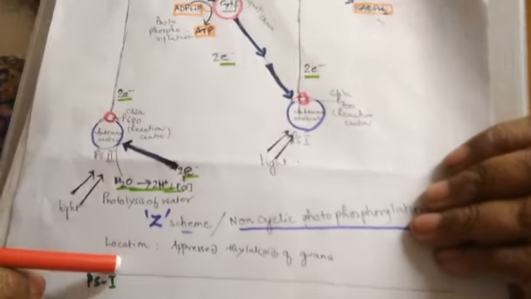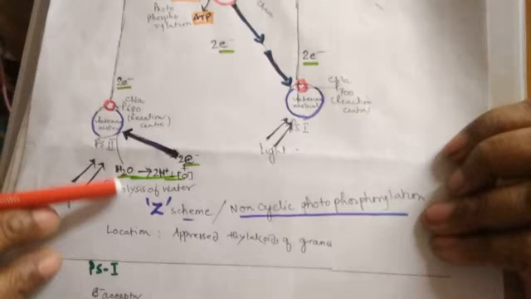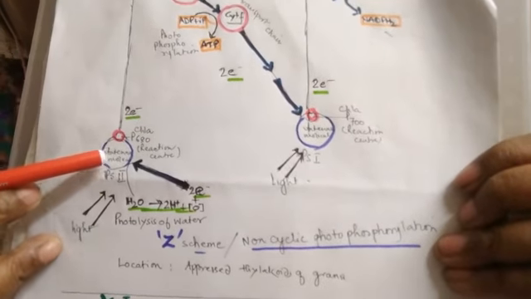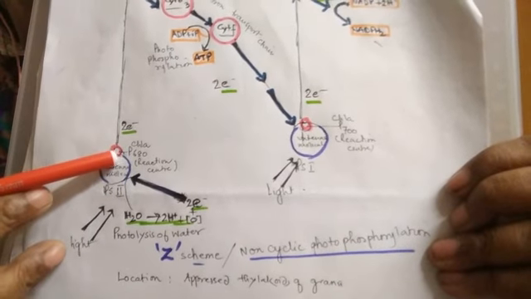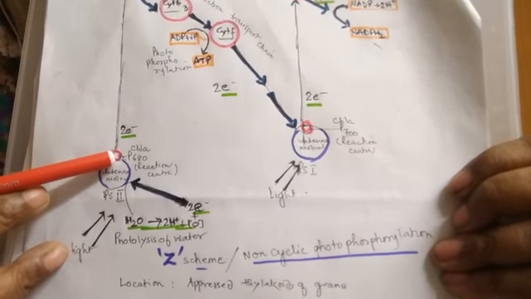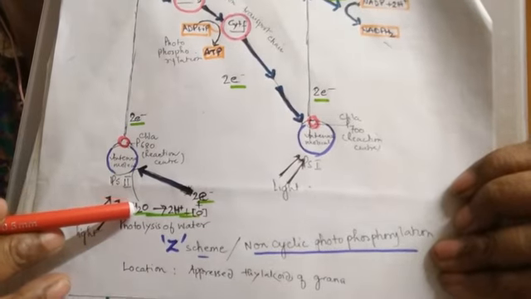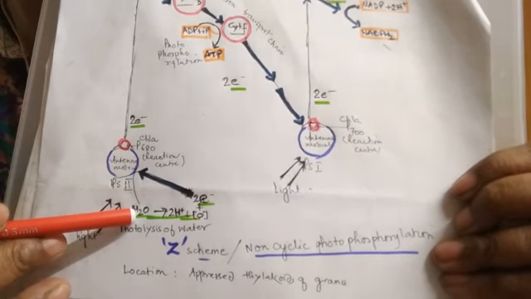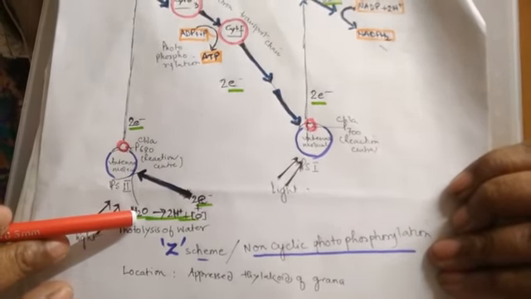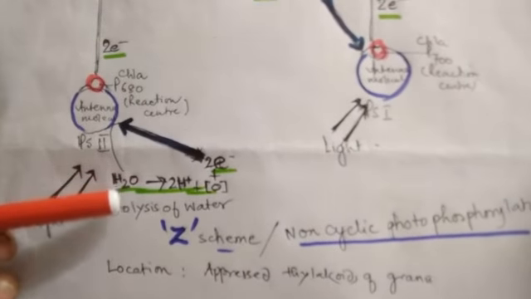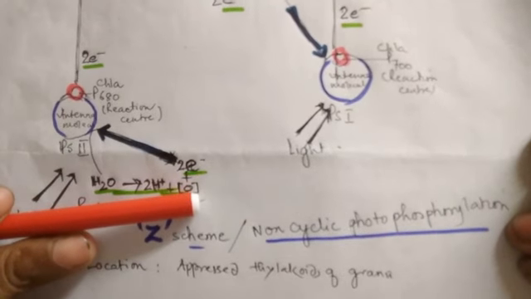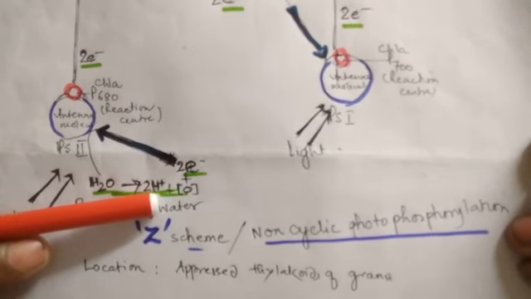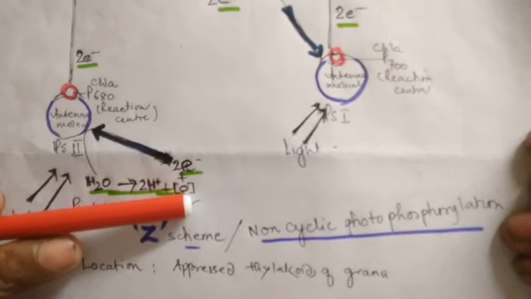Now next, another thing happens in the excited chlorophyll in PS2: it splits water. This is called photolysis of water. It splits the water molecule into proton and oxygen, that is, hydrogen ion and oxygen.